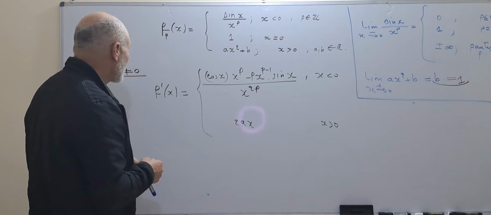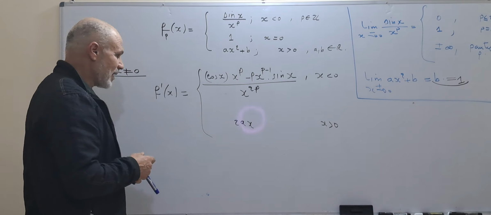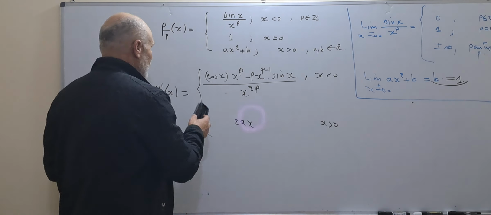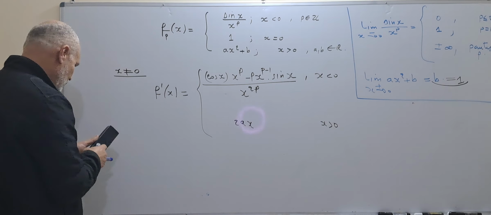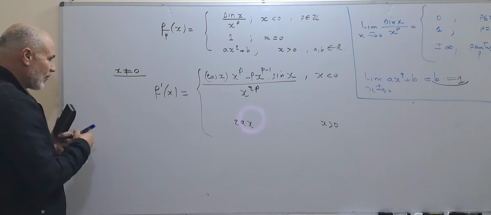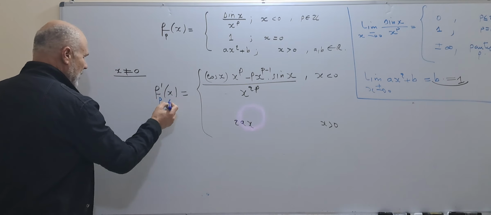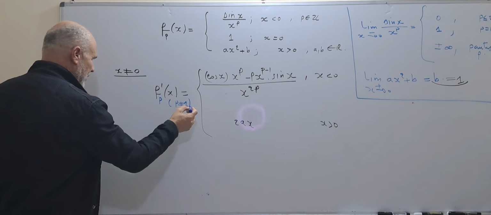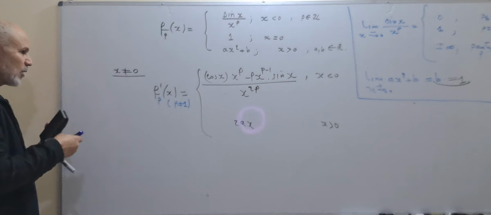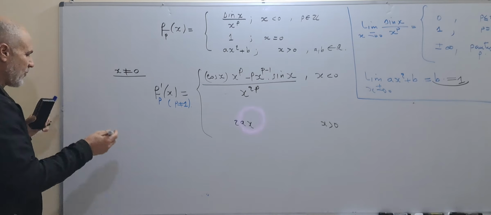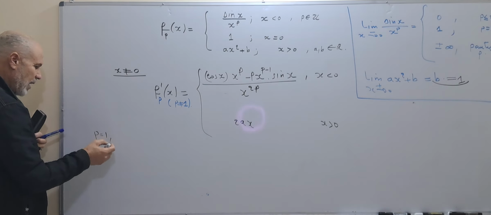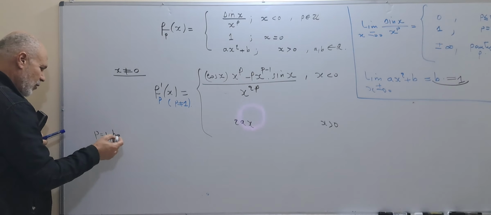To study the differentiability at 0, the unique case is when p is equal to 1 and b is equal to 1.